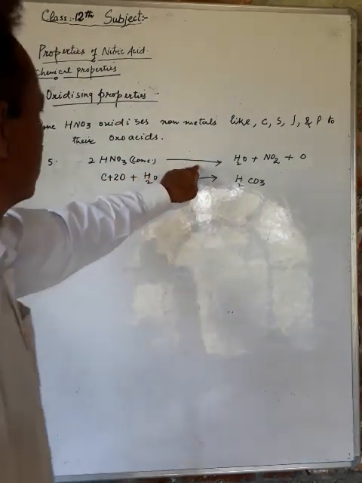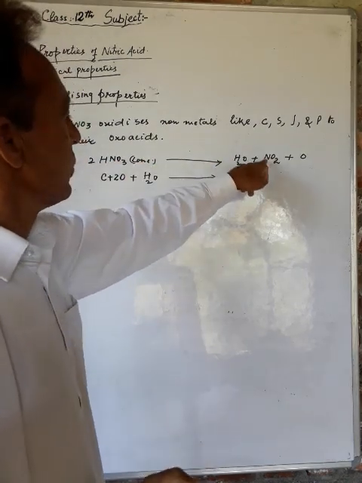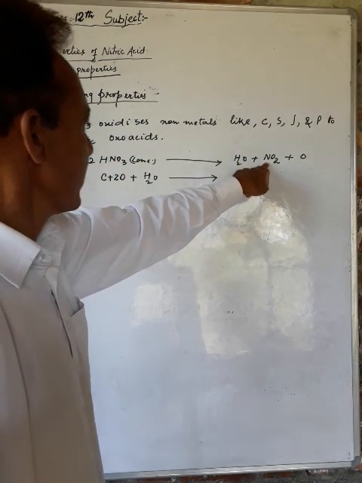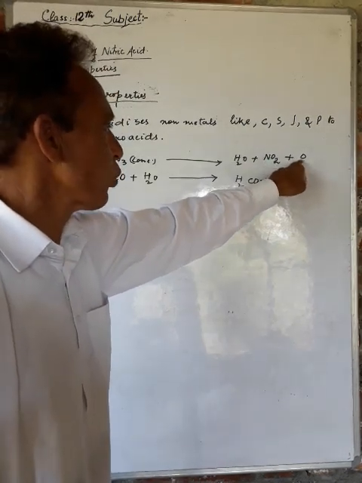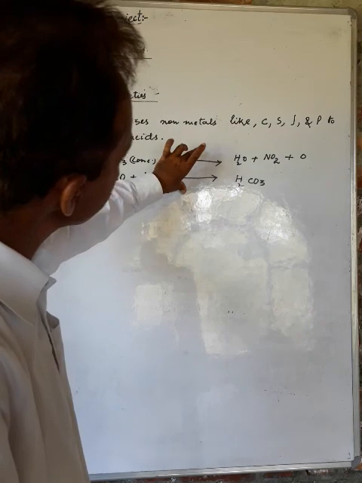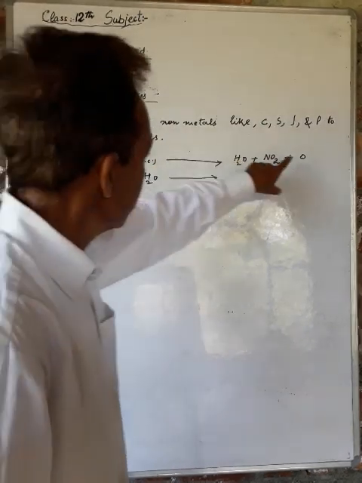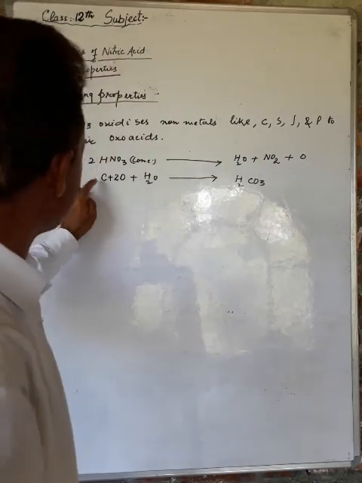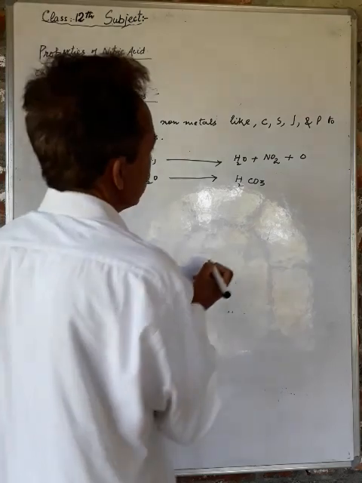In the earlier first reaction, when the nitric acid decomposes it forms NO2, it gets reduced to NO2 and gives nascent oxygen. Here it was one nascent oxygen. Then we have to add the two half reactions. It is the nascent oxygen which combines with the carbon in presence of the water and forms carbonic acid.